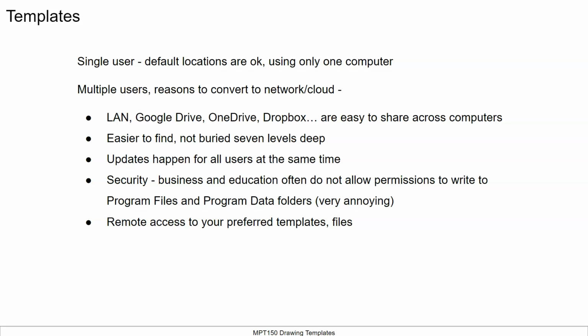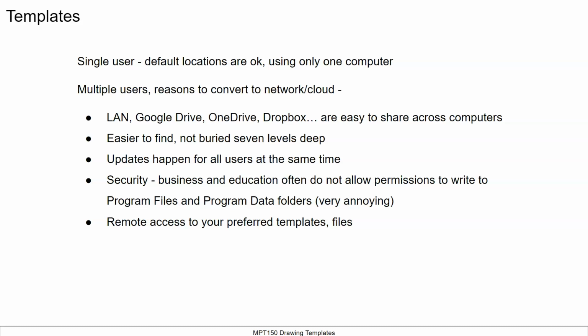So the local area network, or LAN, was kind of the go-to before. Now we have Google Drive, which is probably what I'll be working with, but I have OneDrive from my Microsoft account and Dropbox from my work account. All right, and these are easy to share across computers.